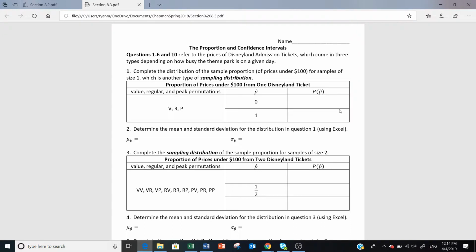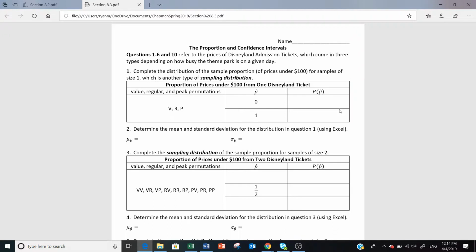We're trying to decide whether we're going to count it as a 0 or a 1. And p-hat is the sample proportion. So we're looking at samples of size 1: V, R, and P. In this sample of size 1, this value is under 100, so it's 1 out of 1 value total, to get 1.